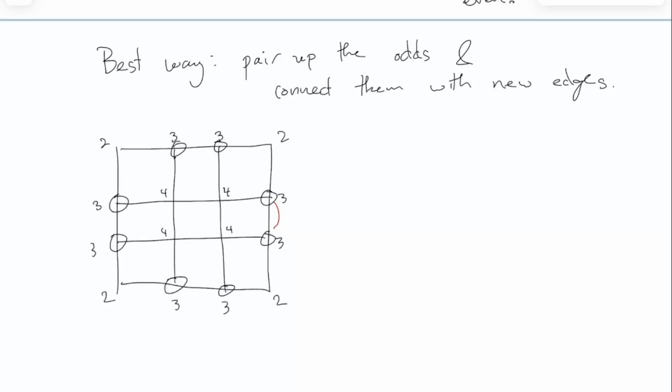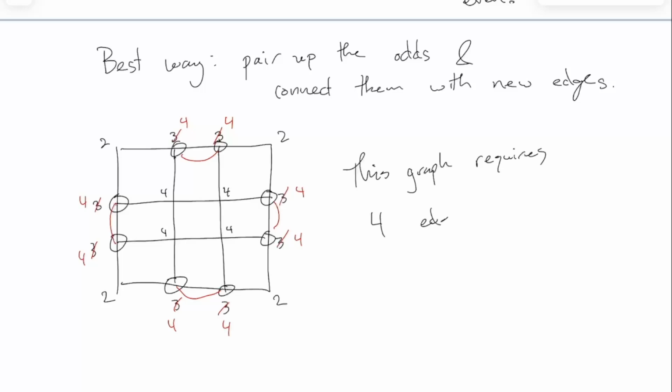The 2 up top, I can add a new edge right there. The 2 on the side, I pair them up like that, and the 2 on the bottom, I pair them up like that. So now, having added these new edges, all these 3s become 4s. And so that means this graph requires 4 edge duplications.